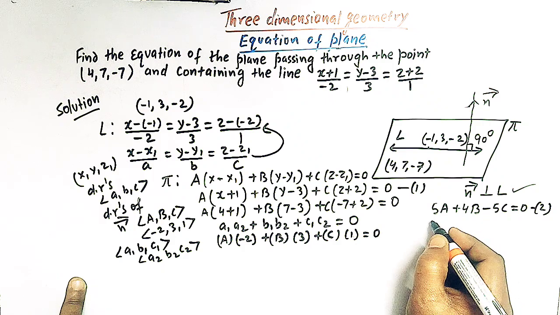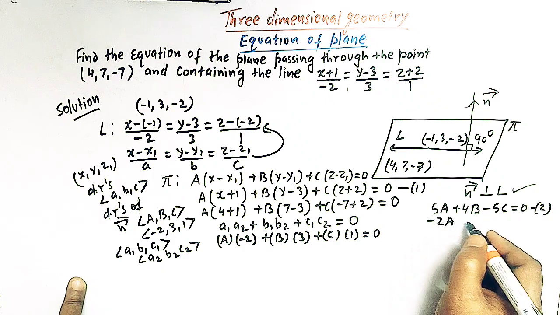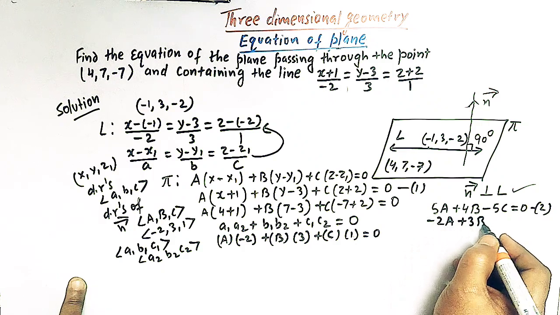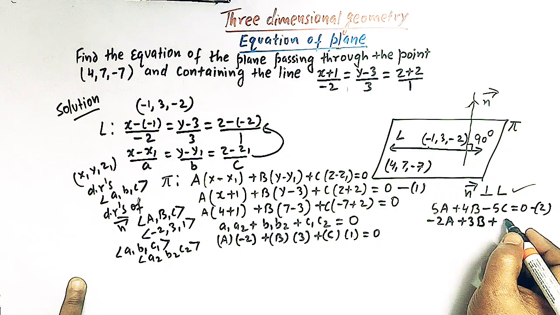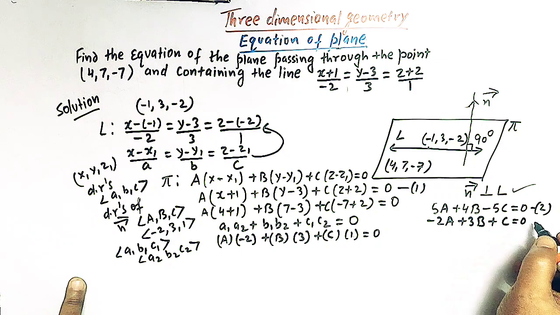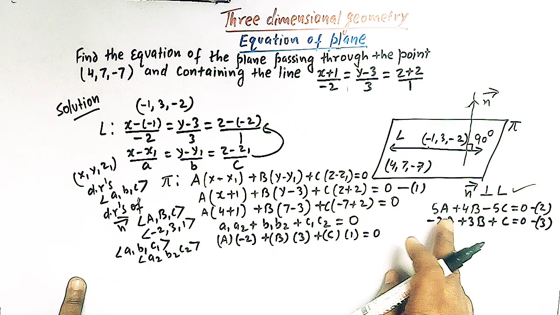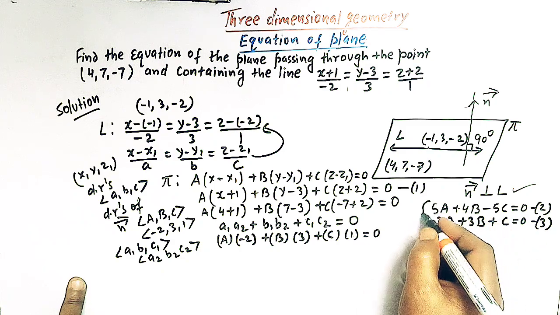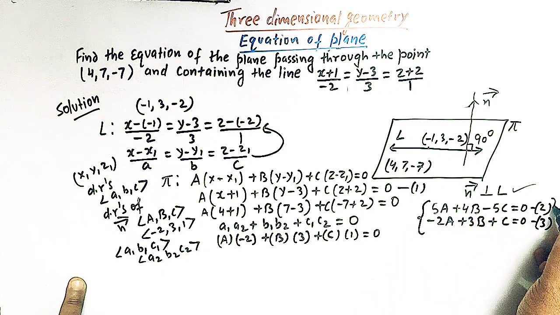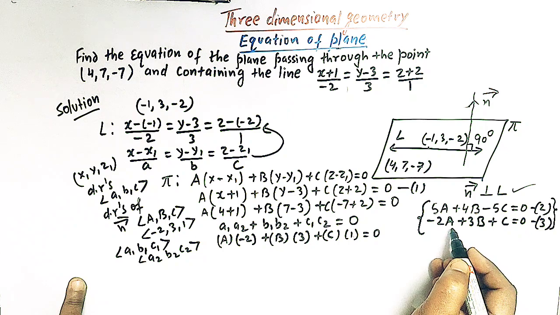So now we have here minus 2a plus 3b plus c is equal to 0. So this is our equation number 3. So now we have obtained two equations in A, B and C, right? And now we have to solve these two equations.